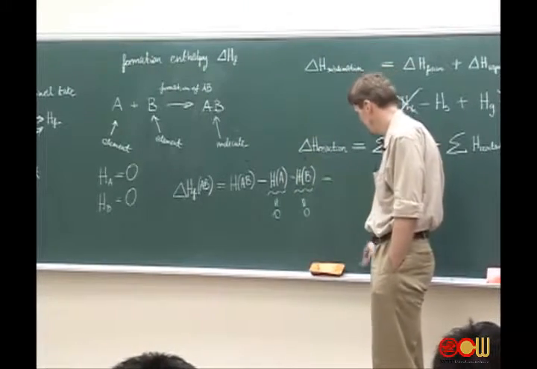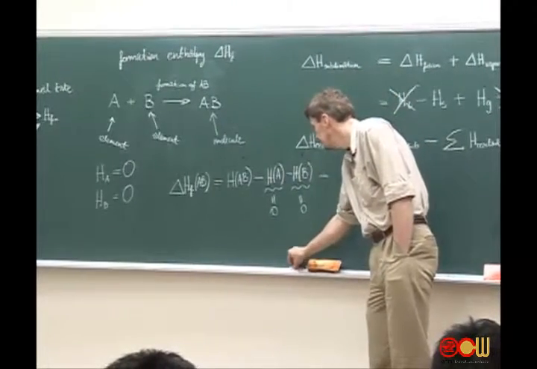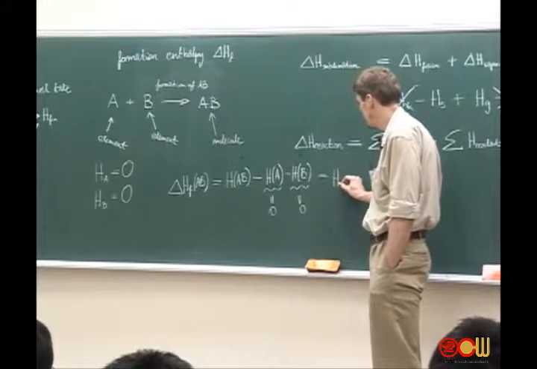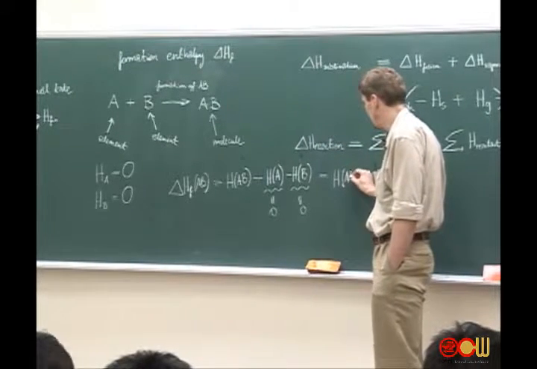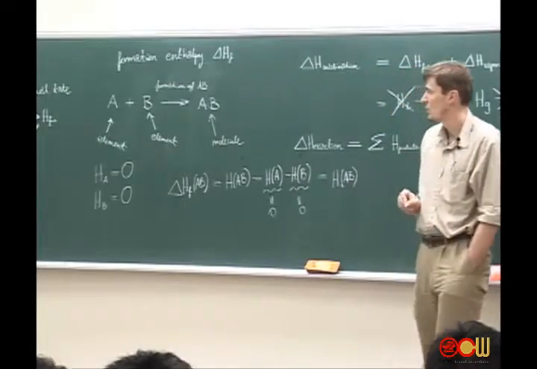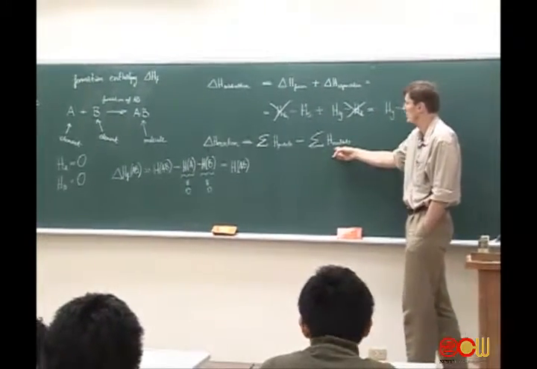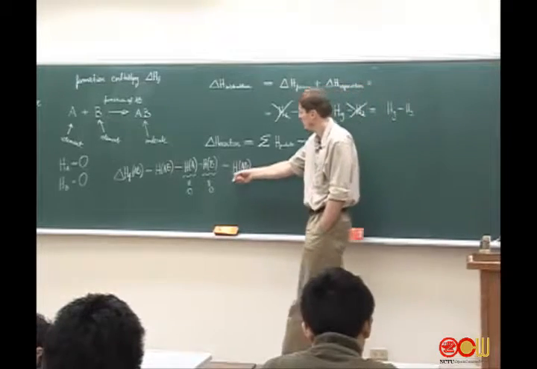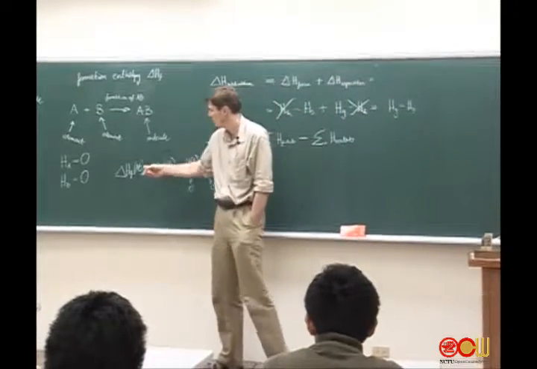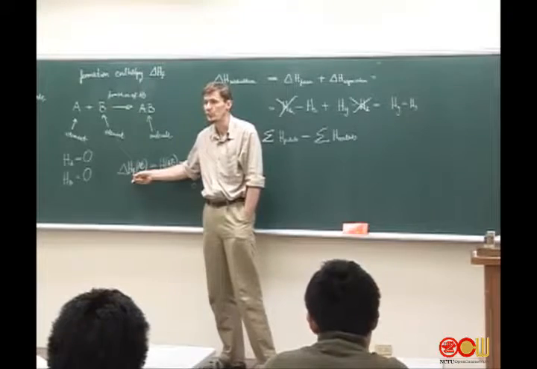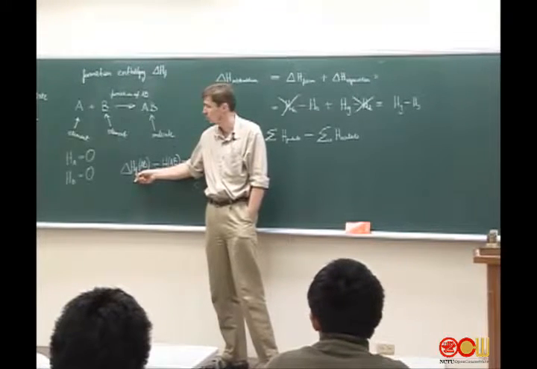So finally you get that this is the enthalpy of AB. Good, so it's kind of solved the problem. What does it mean, enthalpy of the reactant? You see that the enthalpy of AB is just equal to the enthalpy of formation of this AB.